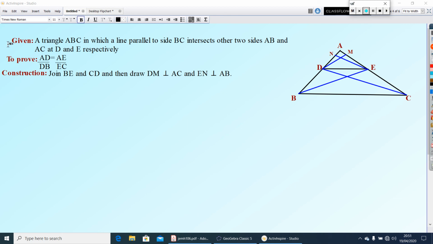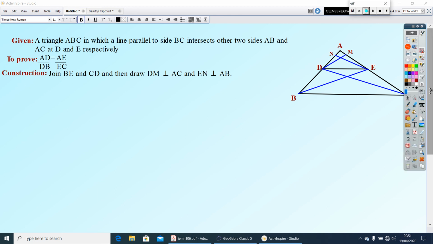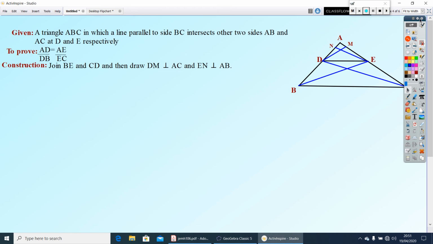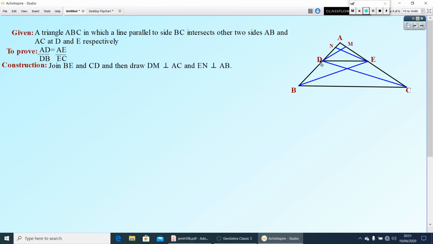That is the construction; we can write it as join BE and CD, then draw DM perpendicular to AC and EN perpendicular to AB. Now let us prove this.